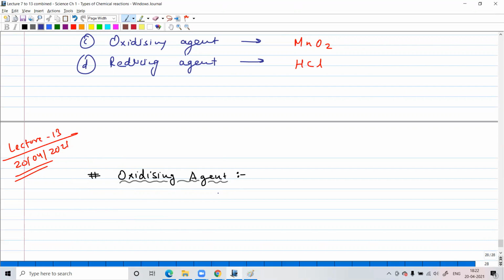The oxidizing agent is the substance which gives oxygen for oxidation. Or if oxygen is not involved, it has to be related to hydrogen.